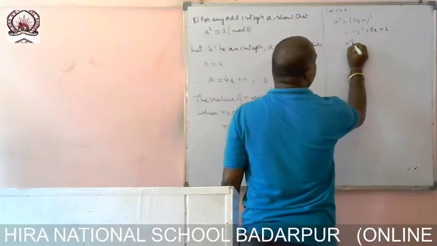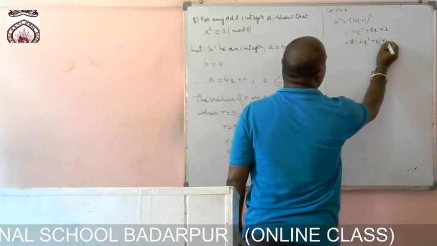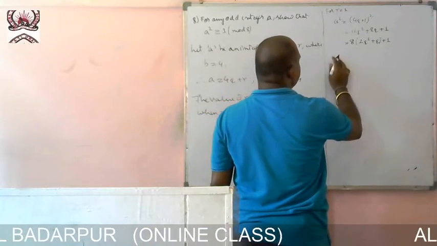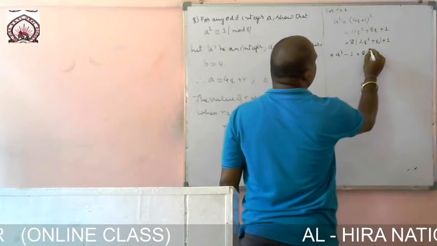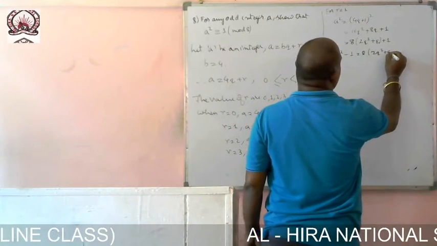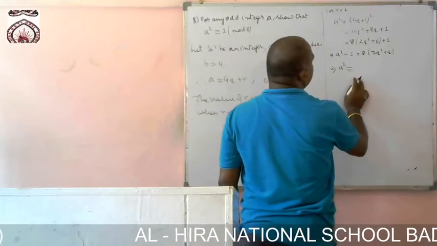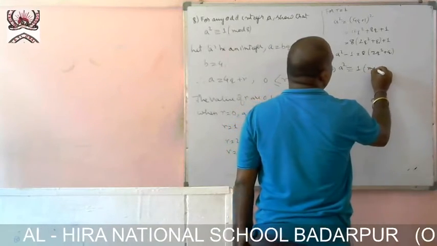Here we can take 8 as common: 8 times (2q square plus q) plus 1. So what you can write from here? Implies a square minus 1 equal to 8 into (2q square plus q). So a square is congruent to 1 mod 8.